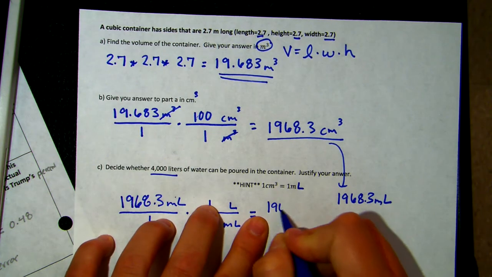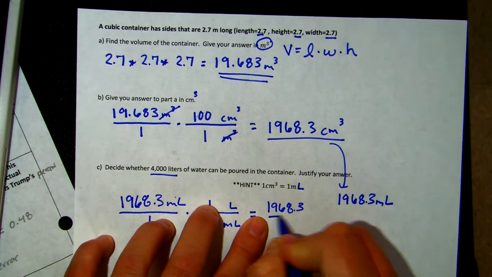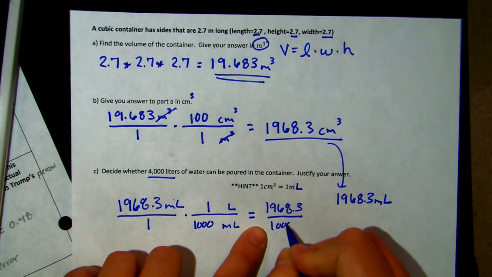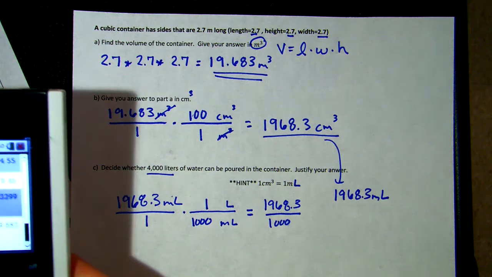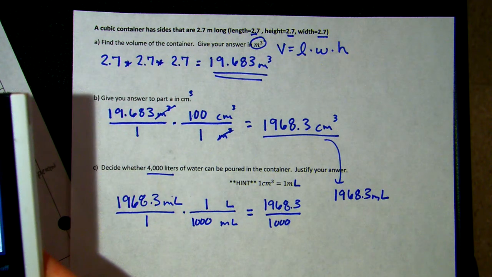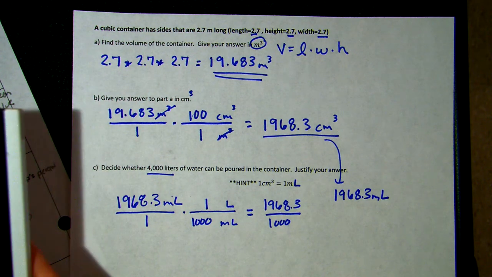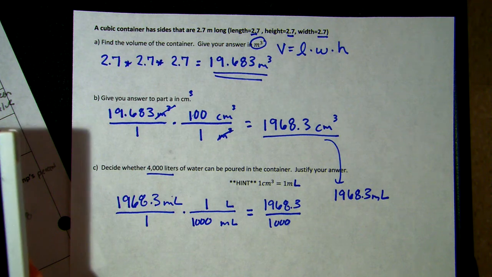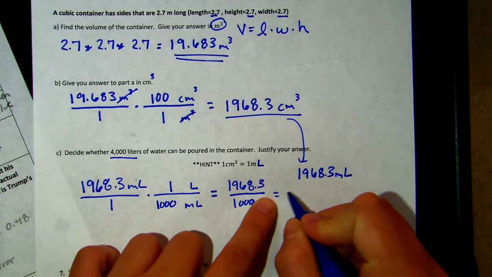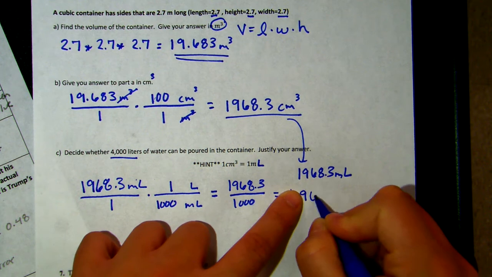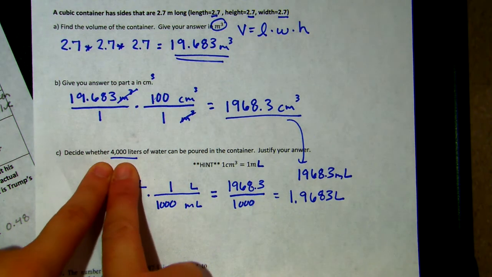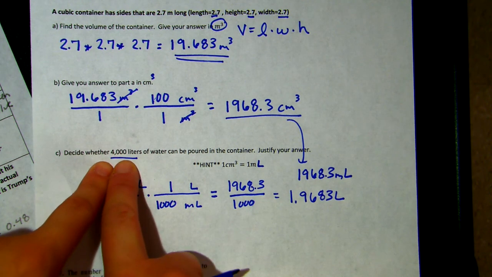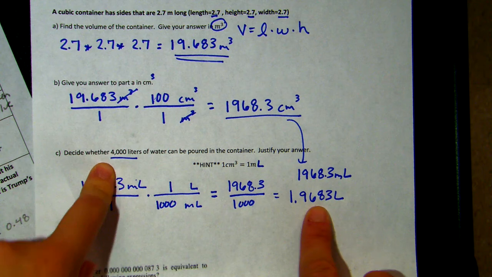I've got 1968.3 over 1,000. I'm going to divide this. Got set up my fraction bar first. 1968.3 over 1,000. And that gives me 1.9683 liters.